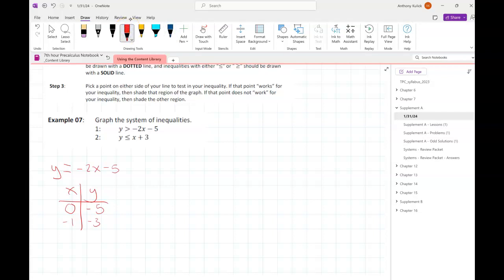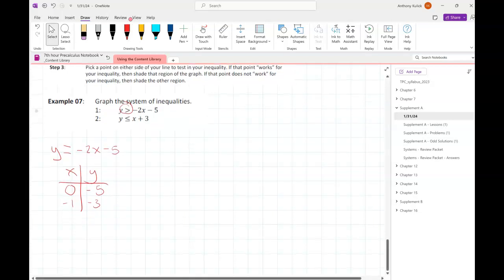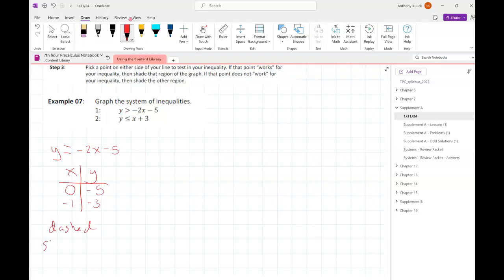Now, what type of line am I drawing here? Should it be solid or dashed? Good. Yeah, if it's not or equal to, it's dashed, and it should be shading above or below? Above, because it's greater than.